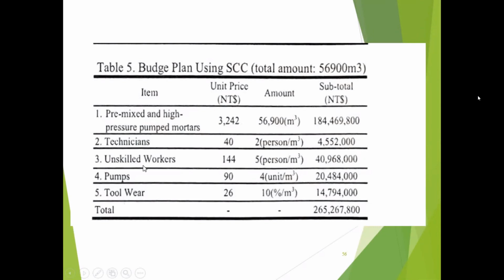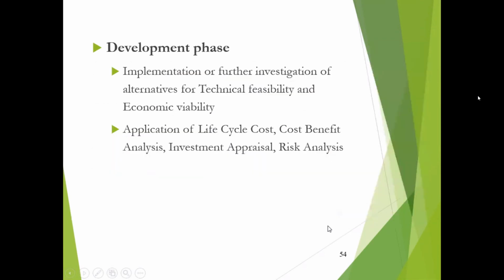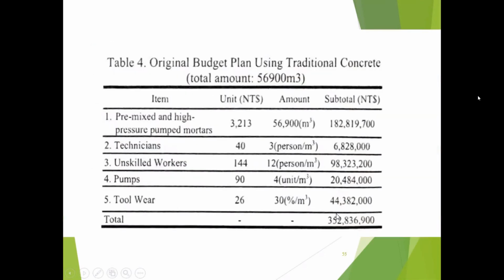Technician, 4.5 million. Unskilled, this. So adding that, the total is coming around 265. The previous one is 352. So there is a saving.